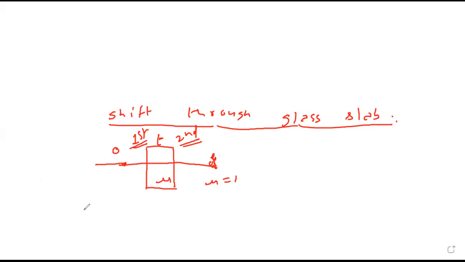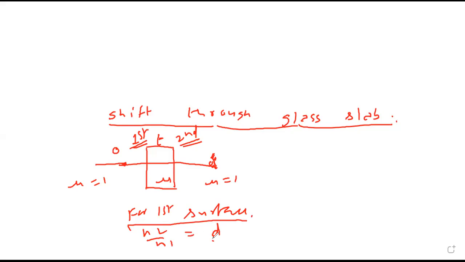We are interested in how much it will appear to be shifted outside in air. So for the first surface, n2 upon n1 is equal to d upon d dash. Suppose the object is at a distance of x from the first surface.